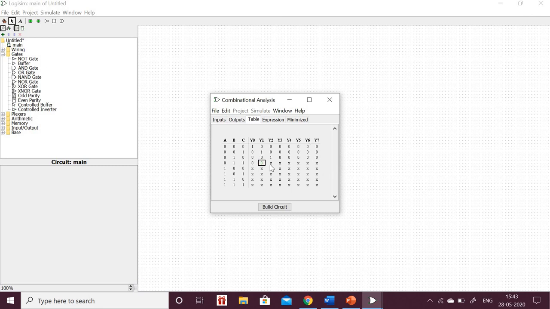For the fourth case I will make this one and remaining all zeros, and for the fifth case I will make y4 as 1 and remaining all values zeros. And for 101, I will make y5 as 1 and remaining all are zeros.